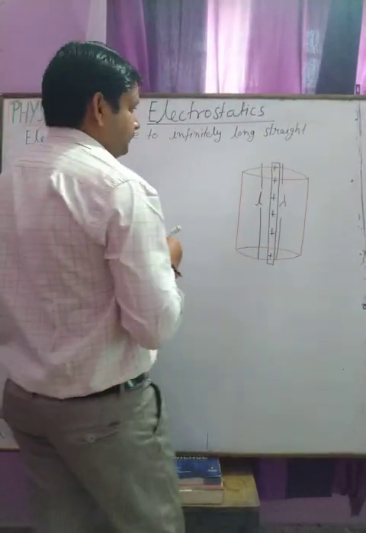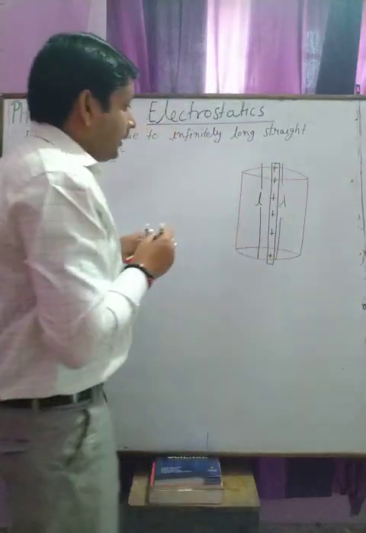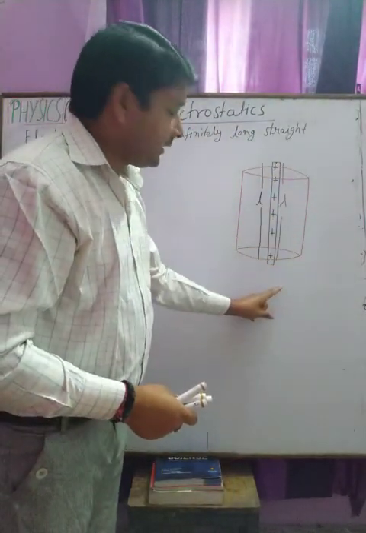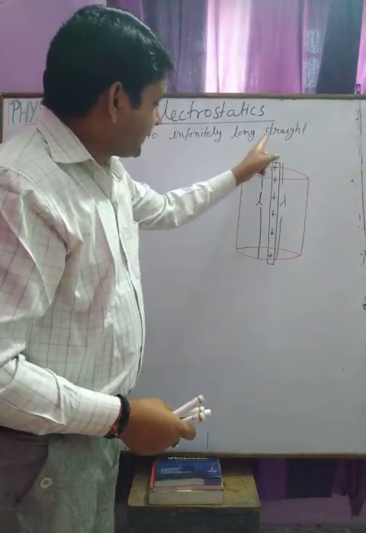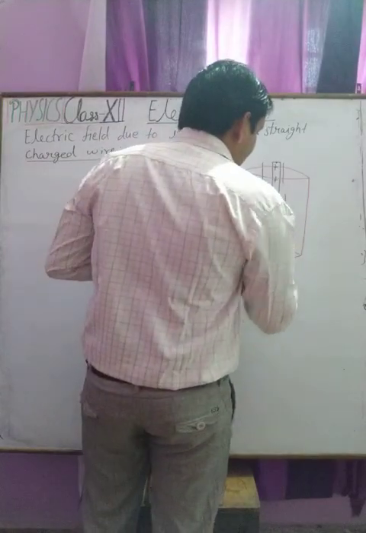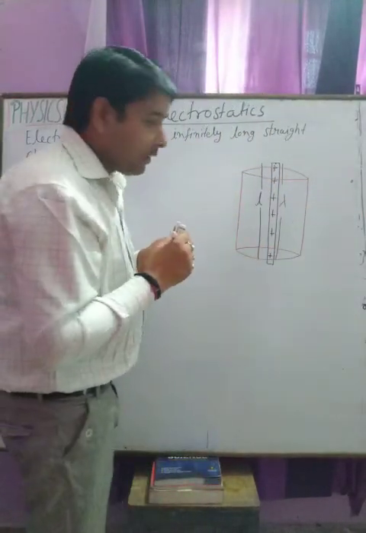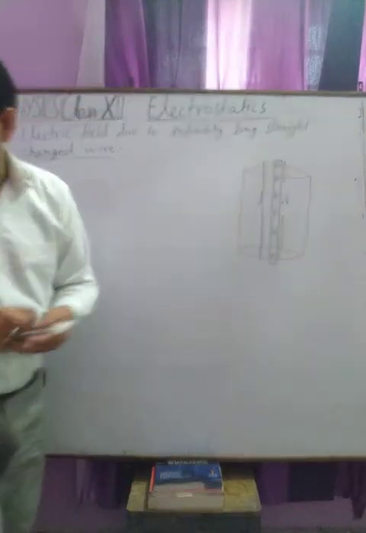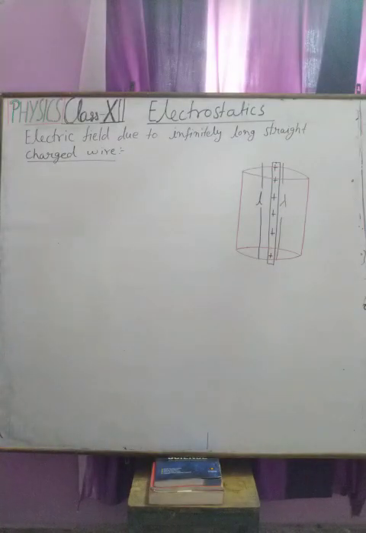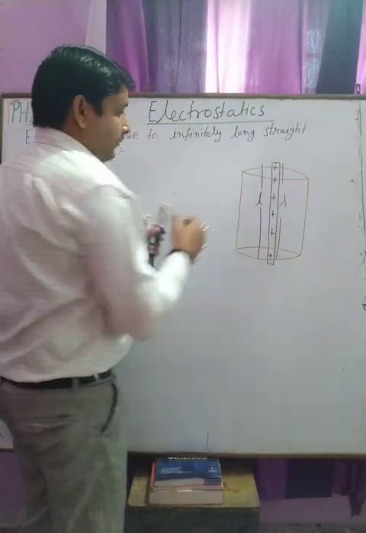Okay, student. And this Gaussian surface has as its axis the line charged wire. Therefore, the electric field due to the charged wire for the different surfaces. Now I am showing you the electric field due to the curved surface.